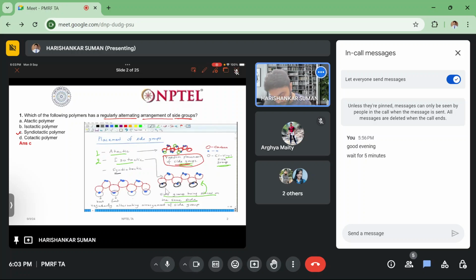While third is syndiotactic, which is a regularly alternating arrangement of side groups. You can see the picture. This is back, this is front, back, front, back, front.